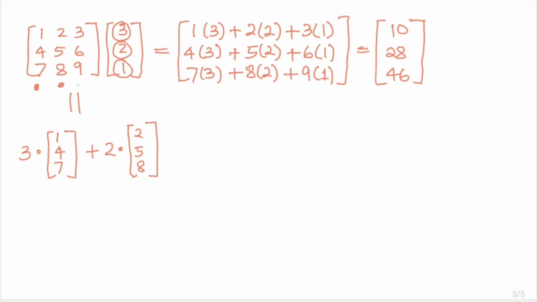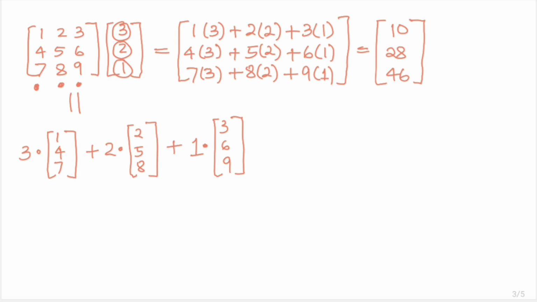And we take the third, multiply by the third column, we get 1 times 3, 6, 9. So we have a linear combination of 3 vectors.